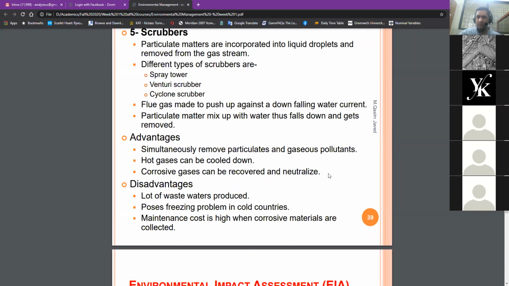As I recently mentioned, corrosive gases are highly volatile and they react with metal or containers to damage them. So using some kinds of liquids or water can help you remove this corrosive property of that gas, and those chemicals can be removed from the gas. So that corrosiveness can be neutralized and the proper gas can be recovered.